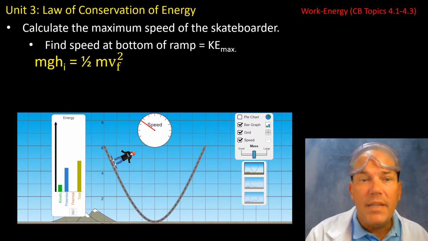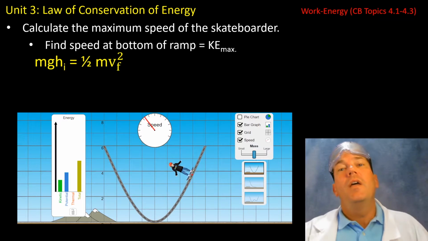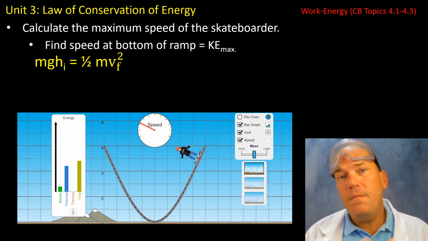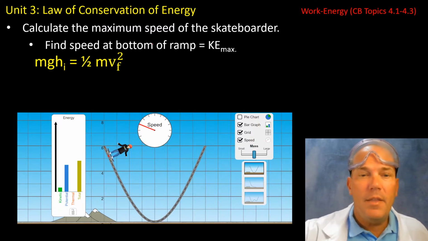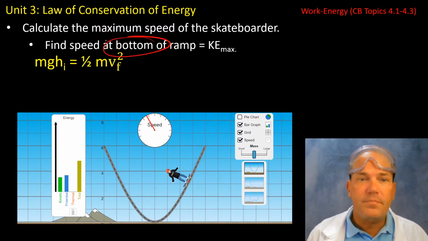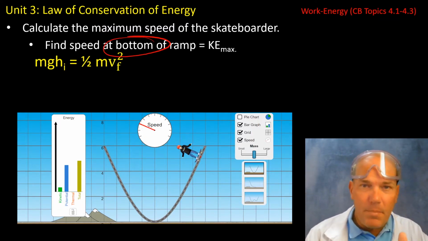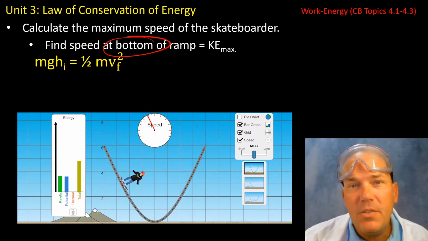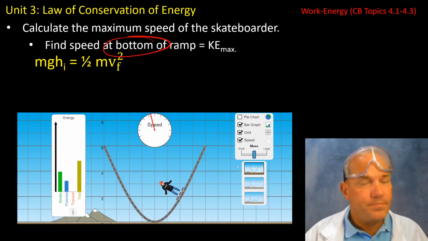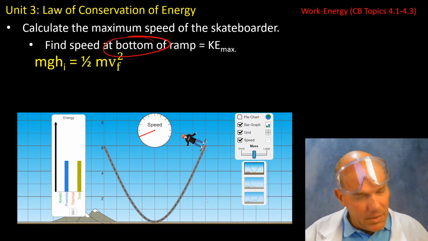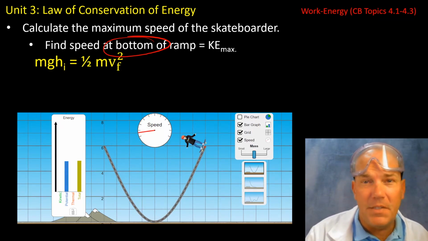And we're going to set that equal to 1/2 mv squared, or the final kinetic energy for when the skateboarder is at, again, the bottom of the ramp. At that point, look at the bar graphs, all of the potential energy is converted into kinetic energy. However, total energy is conserved within this system.